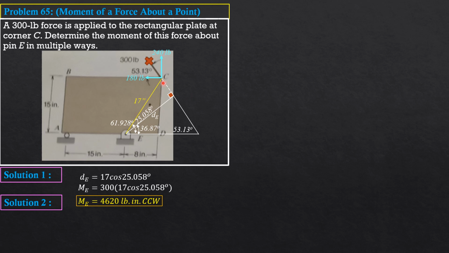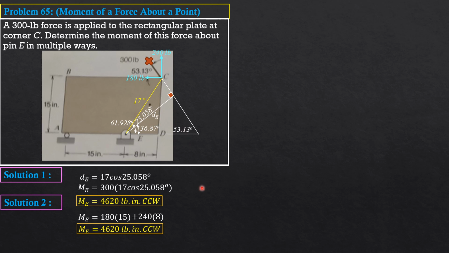So the moment of the horizontal component is counterclockwise. The moment of the vertical component is also counterclockwise. So M sub E equals 180 times 15 plus 240 times 8 inches. And that is equal to 4620 pound-inch in counterclockwise direction.